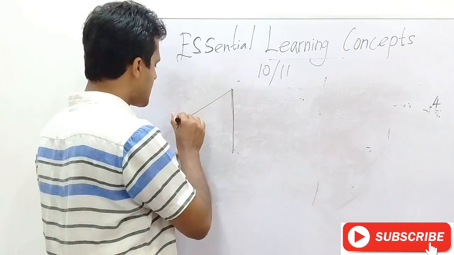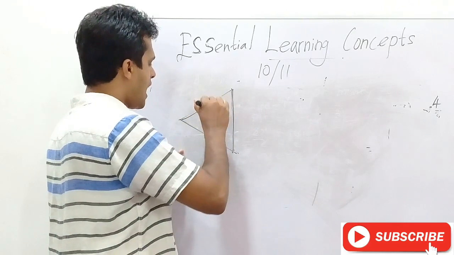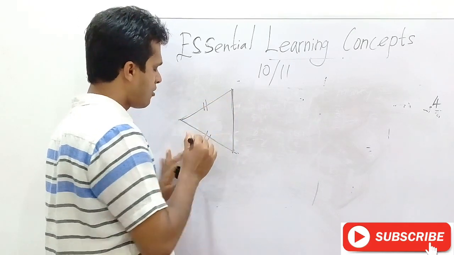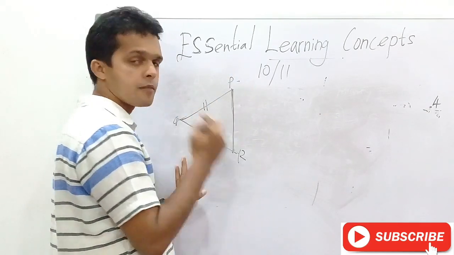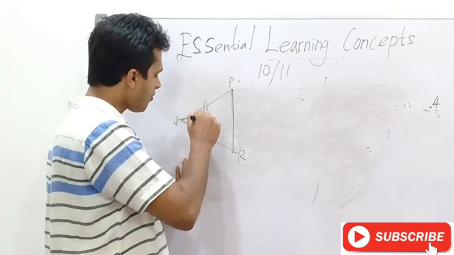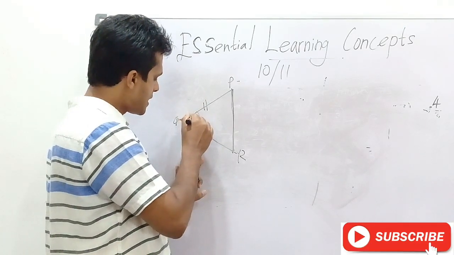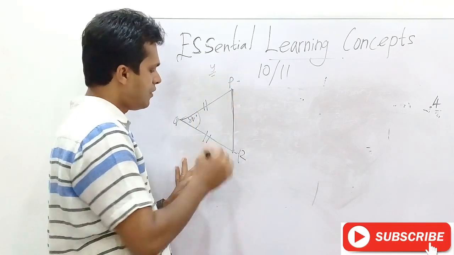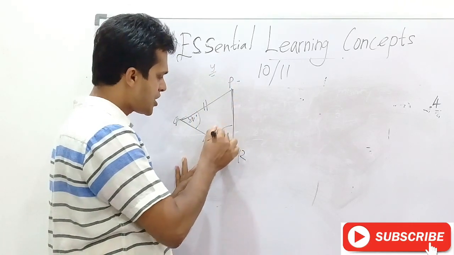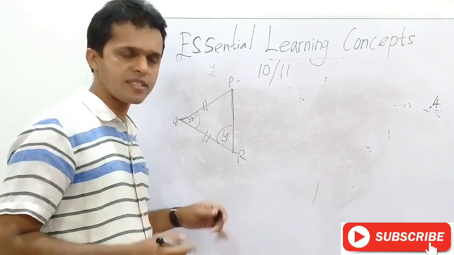What are the equal sides? The triangle PQR. This is 80 degrees. Find y. If this is y, what is y?